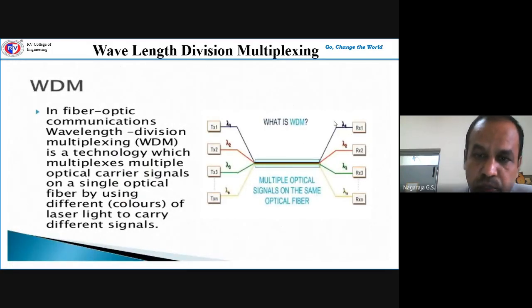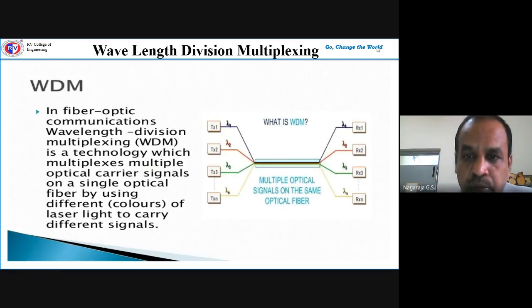That is what you can notice on the right hand part of your diagram, which accepts multiple optical carrier signals, combining them, and sending across. There will be a common transmission medium.